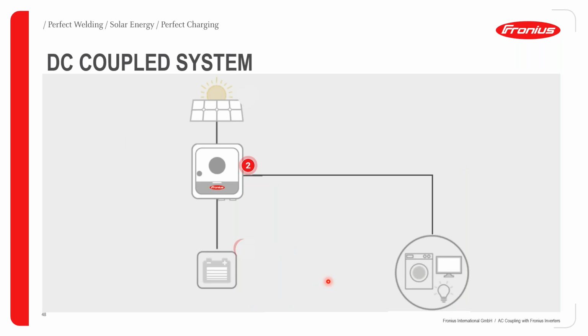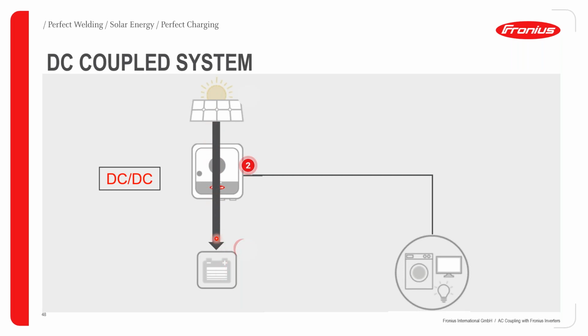Good. So having said that, let's now have a look at a DC coupled system. Now, for a DC coupled system, let's have a look at what really happens. As you can see, the battery is directly connected to the inverter via the DC line. So energy flows directly from the PV source, since it's DC power, to the battery.